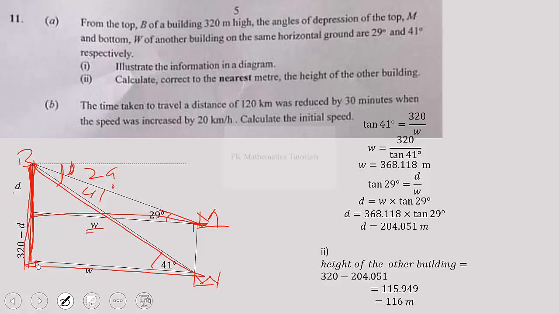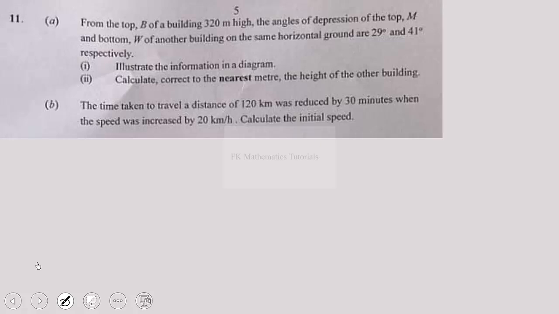The time taken to travel a distance of 120 kilometers was reduced by 30 minutes when the speed was increased by 20 kilometers per hour. Calculate the initial speed. So let the initial speed be s. We know that s will be equal to 120 over t.